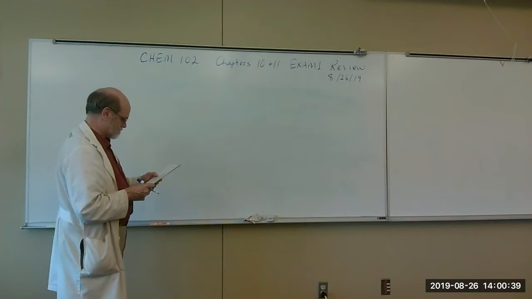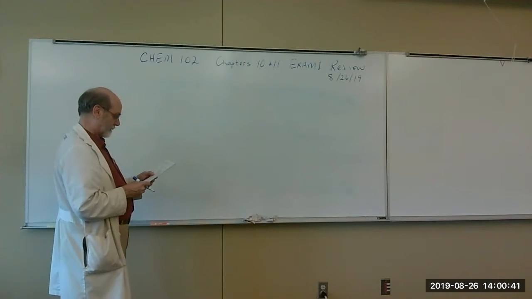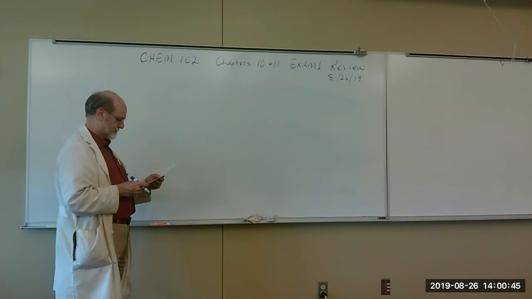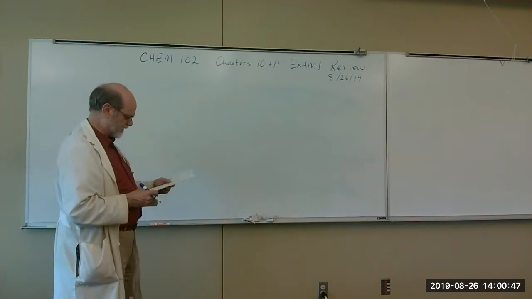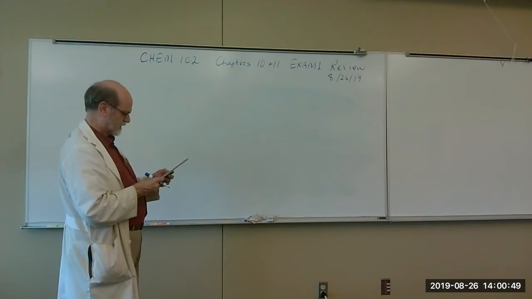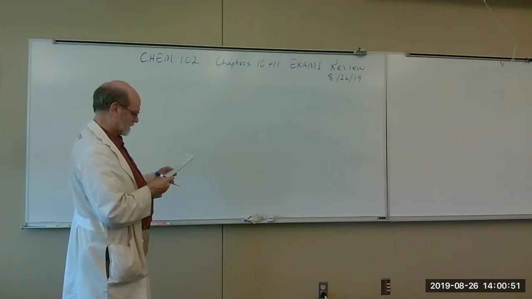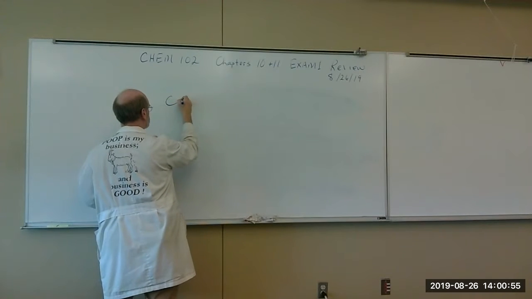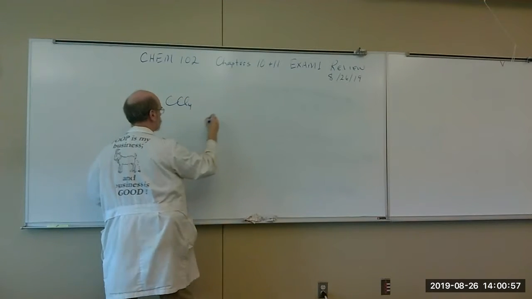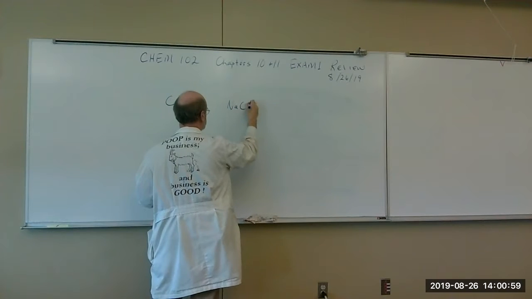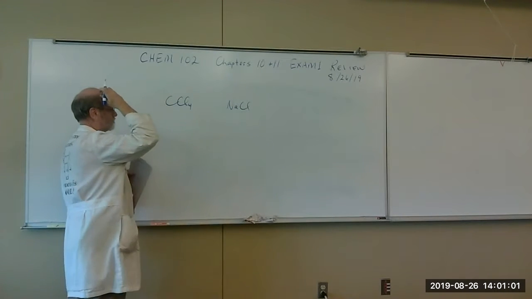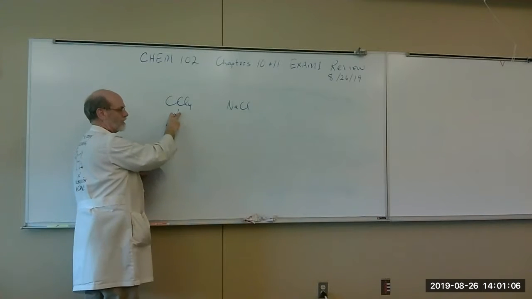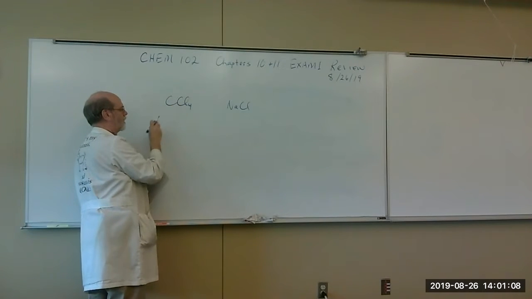Let's see. Well, I don't want to beat this horse too much, but let's compare that one with that one. Okay? So we know this one's sodium chloride. What's this one? Carbon chloride?